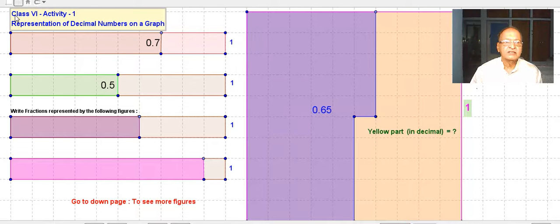If you want to take more width, no harm, but take a rectangular piece and then fold or mark. Folding is not possible in 10, so you mark here 0, 1, 2, 3, 4, 5, 6, 7, 8, 9, 10.